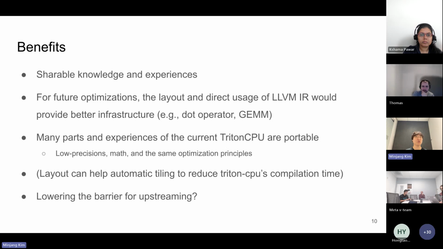I think this is fairly doable, but I haven't tried it. Also, because we are showing more of the core of Triton, it might be easier for upstreaming in the future.